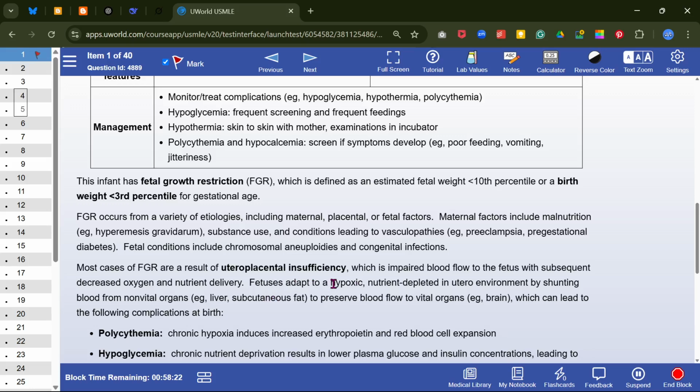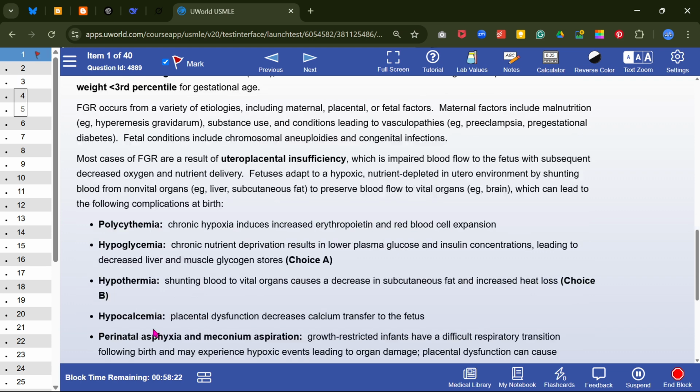Fetuses adapt to the hypoxic, nutrient-depleted in utero environment by shunting blood from non-vital organs, liver, subcutaneous fat, to preserve blood flow to vital organs, that is brain, which can lead to the following complications at birth.